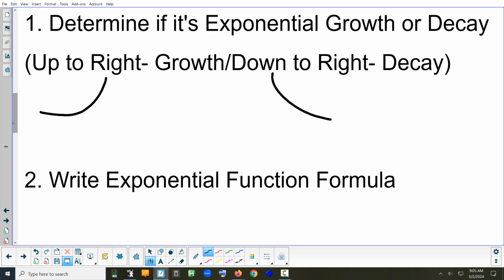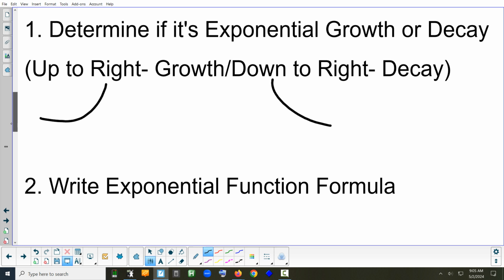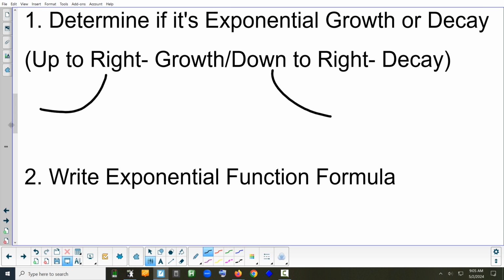For step 2, write the exponential function formula. You've reminded me a couple times what that is: AB to the power of x. So that's your step 2.